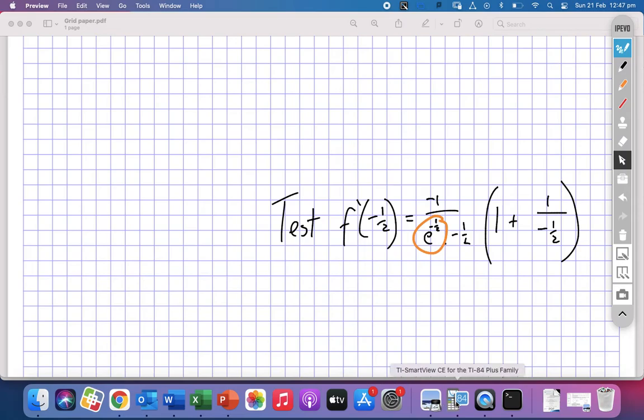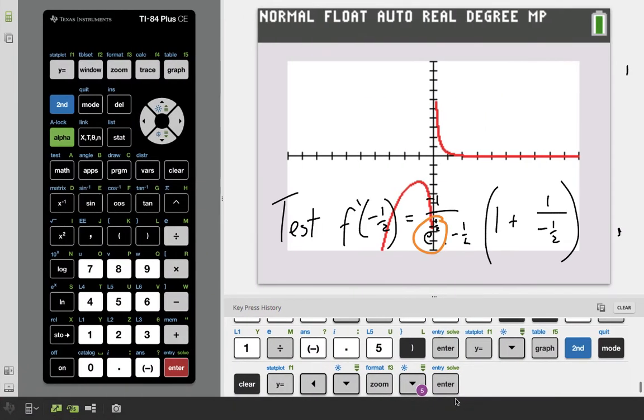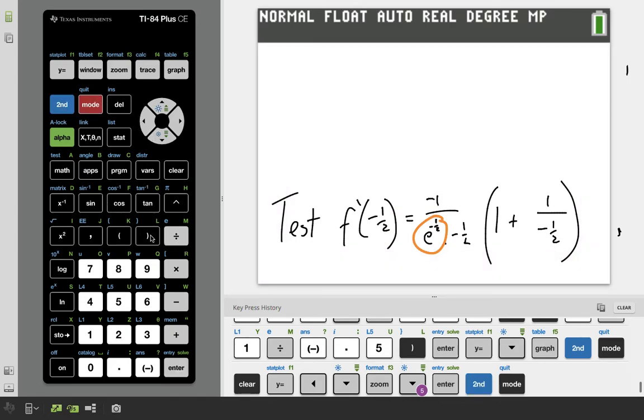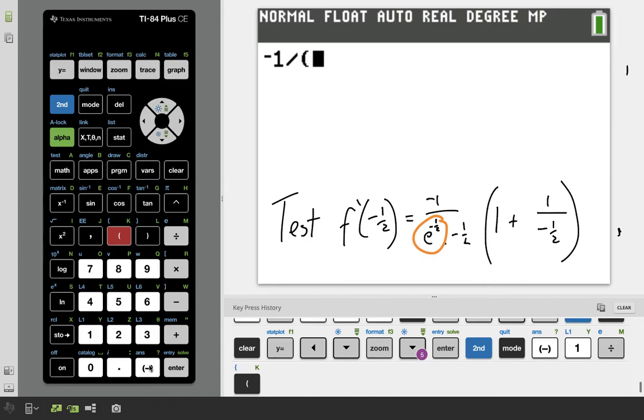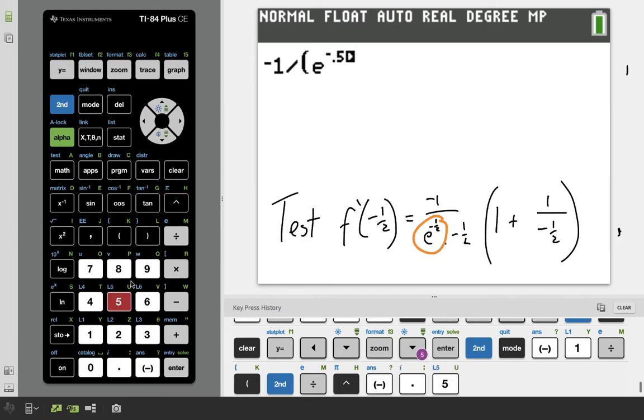So if I just leave this here, just to show you me doing that, I would be writing -1 divided by brackets e, it's the second function, e power -1/2 minus 0.5 times -0.5, close the brackets.